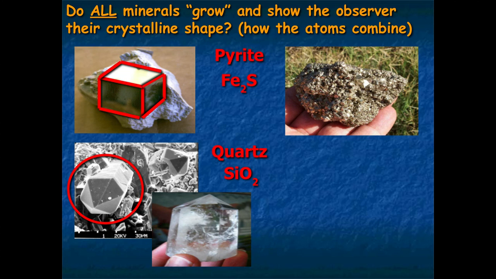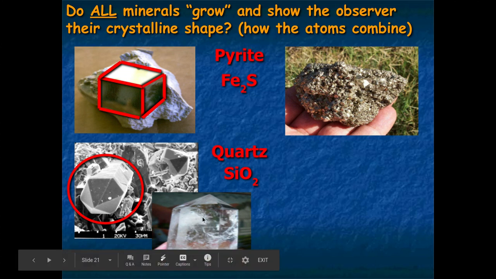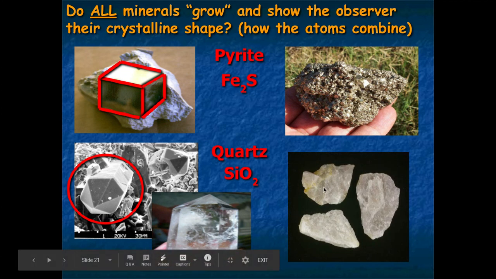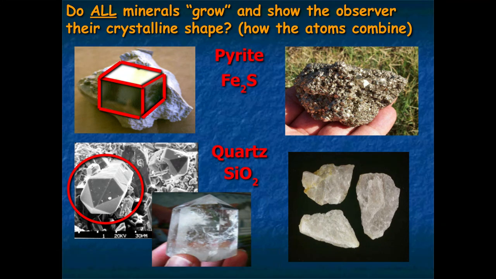Do we normally find quartz, for example, out in the field that looks like this picture where my arrow is? Normally we find quartz that looks like this. So the question is, why in the field, in most cases, do we not find minerals that are displaying their beautiful internal structure?